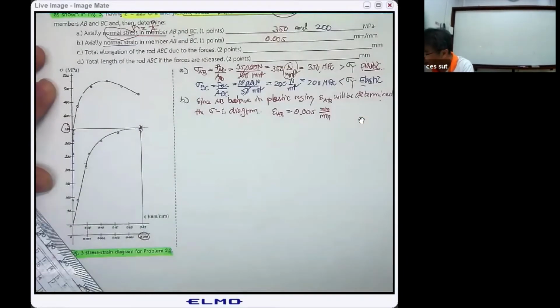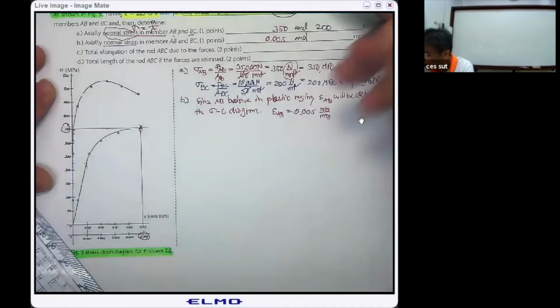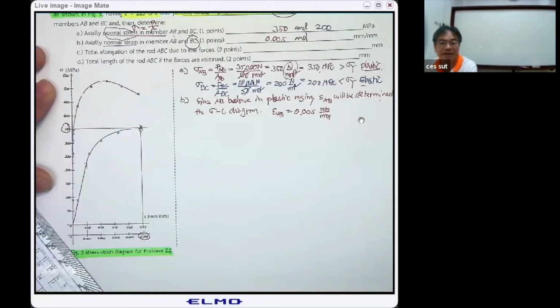So this one could be 0.005. And then next, you determine the strain for the BC.